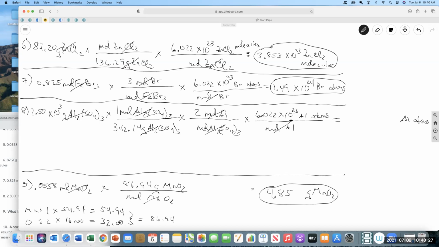Make sure your units work. Now we'll do the math. 3 sig figs. All right, so I get 8.80 times 10 to the 24th.